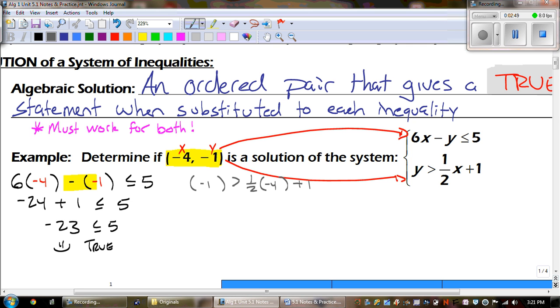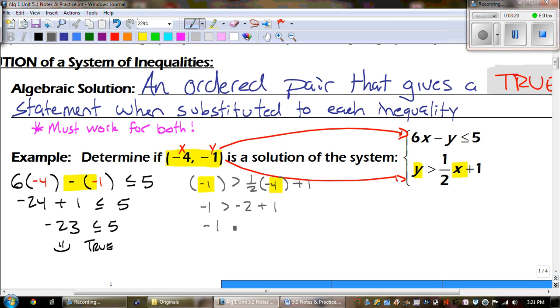Once again, I plugged my x and my y into our inequality. On the left side, we don't have to do anything. That's just -1. Well, half of -4: half of 4 is 2, and this one is negative, so -2 plus 1.